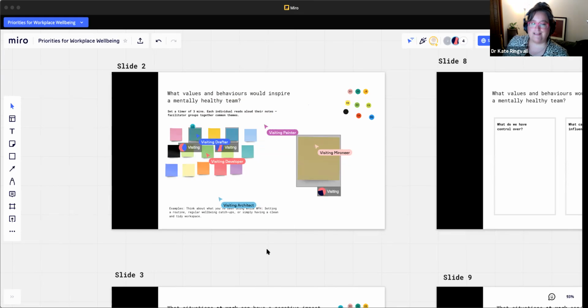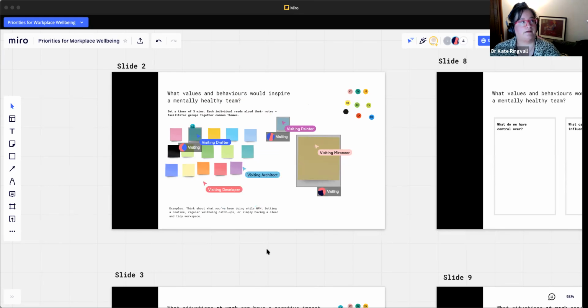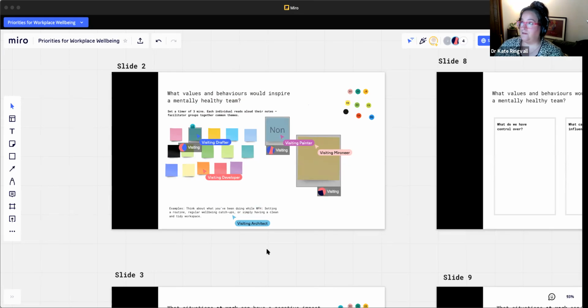I'm hoping everyone understands what values means. So things like integrity, safety, what else? Independence. What else, Kate? Think of some values.